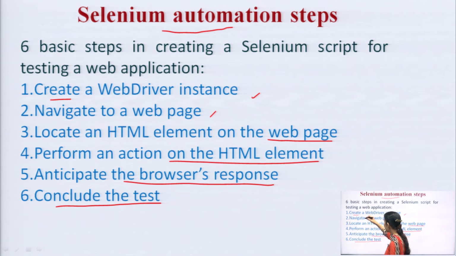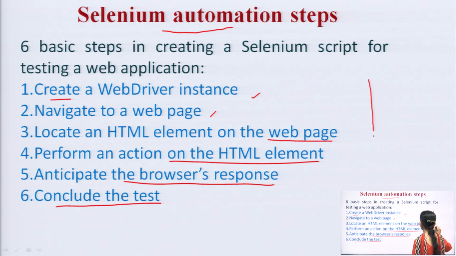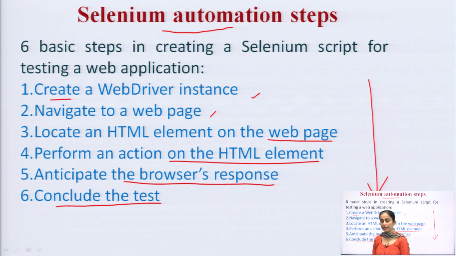So this explains the basic steps in creating a Selenium script for testing a web application. In this manner, the various other tools also have their steps for performing automation of static testing.